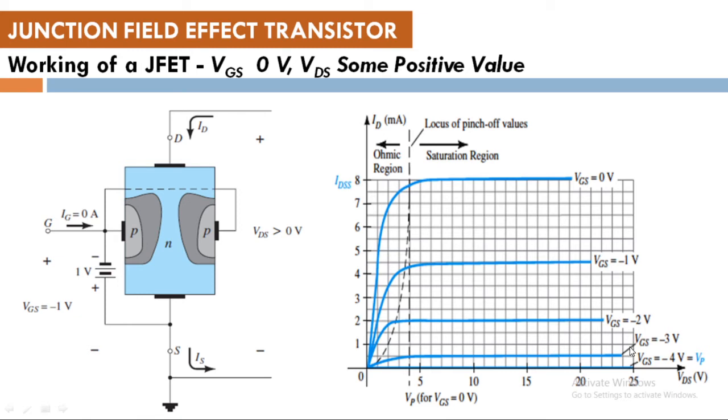When we talk about a transistor in CE mode, the output characteristics were controlled by IB, that is the base current, and in CB mode the output current, that is IC, was controlled by IE, that is the input current. So comparing those two, we can say that junction field effect transistors are voltage controlled devices and transistors are current controlled devices.